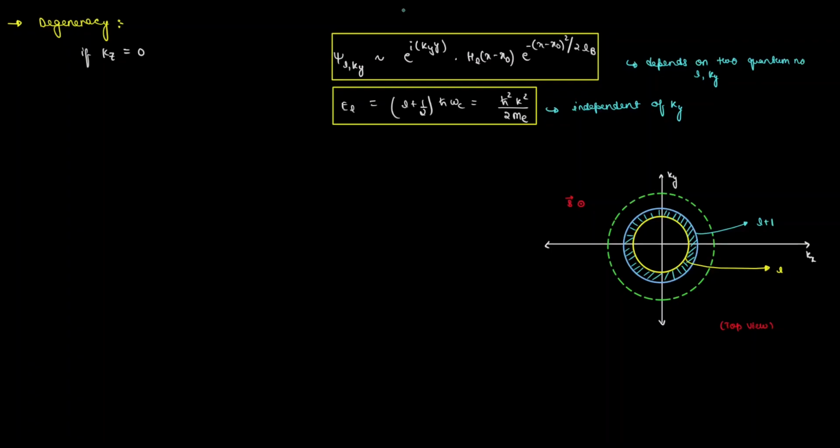If you see in the presence of magnetic field, the k vector forms circles, each labeled by integer value L, so that we can calculate the area between any two circles as π(k_{L+1}² − k_L²).